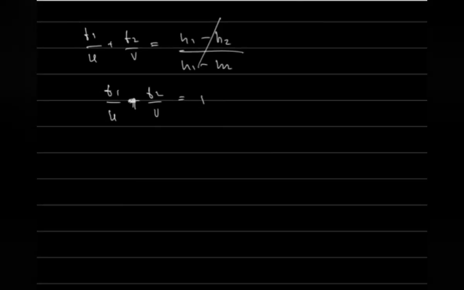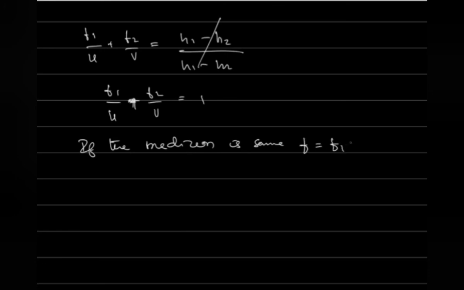So here now, if the medium is same, then the focal lengths are equal to each other. So F1 and F2 are equal to F. Therefore the equation becomes F divided by U plus F divided by phi equals to 1.